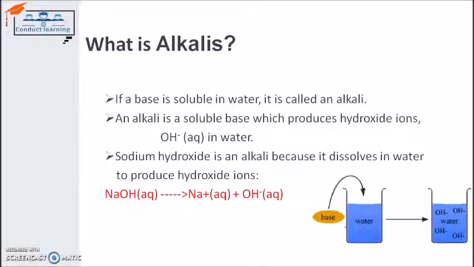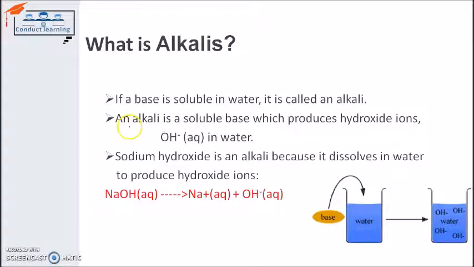Here we take water and we take a base also. When we put the base in water, it will get dissolved. If it dissolves, the OH negative ion will be produced. Then it is known as an alkali. If the OH negative ions are not produced, then this is only a base, not an alkali.